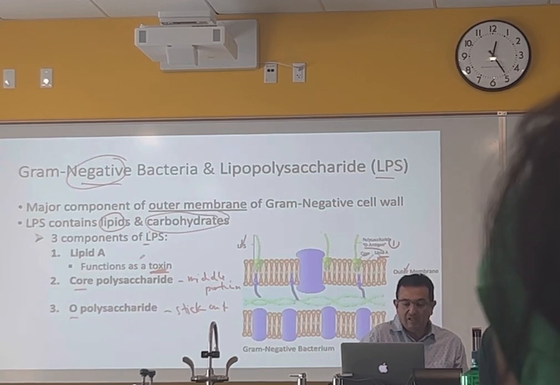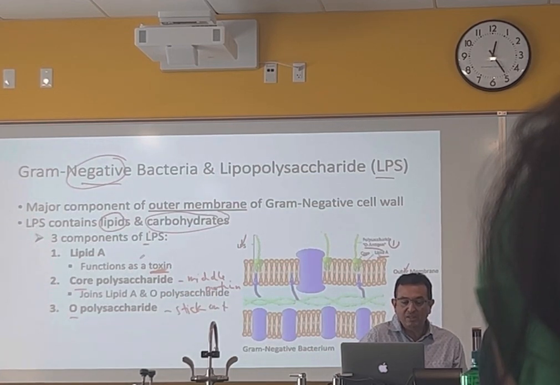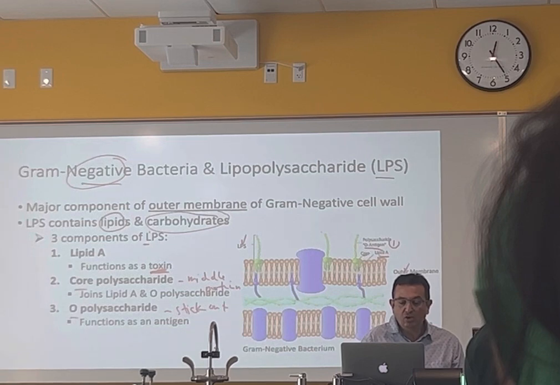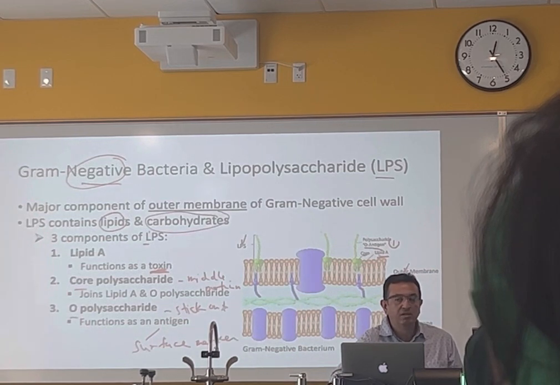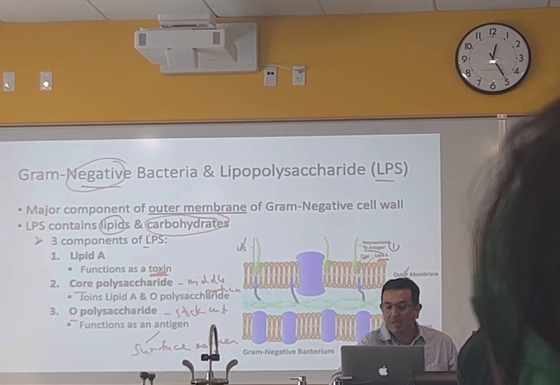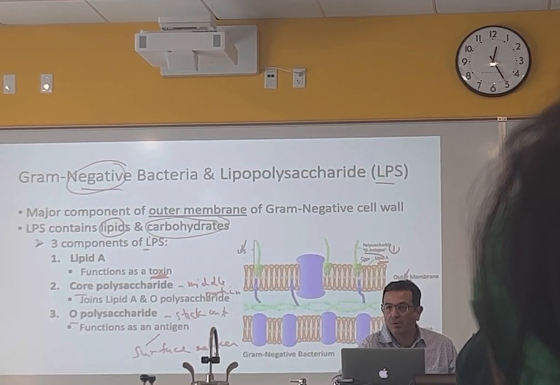Okay, and then I told you these other 2 polysaccharides, I told you this was the middle one. The core just joins the lipid A to the O polysaccharide. And then the O is like a surface marker because it's the one that sticks out, right? So this is acting as an antigen or a surface marker. It just helps distinguish between the different gram-negative bacteria, based on the different type of O polysaccharide.